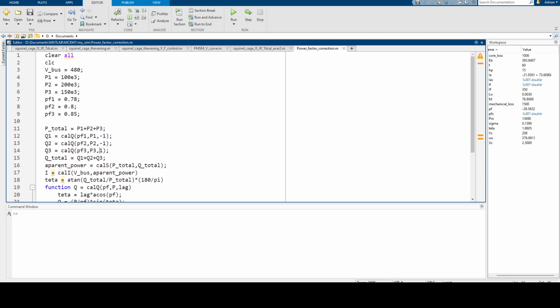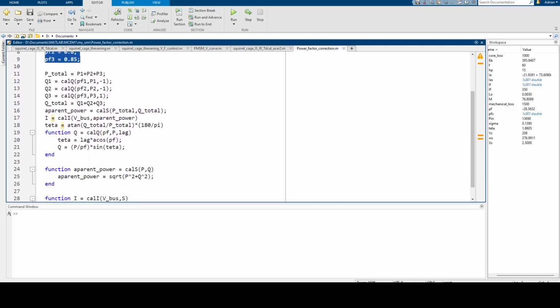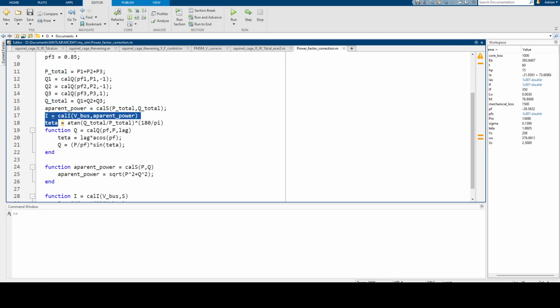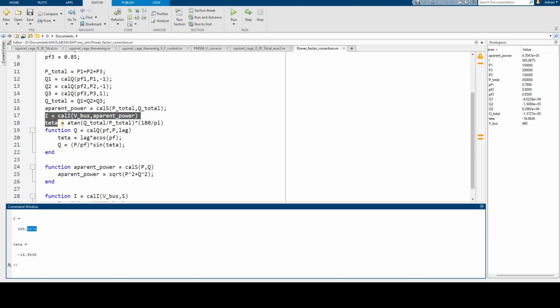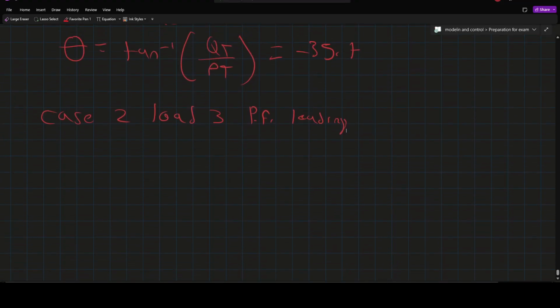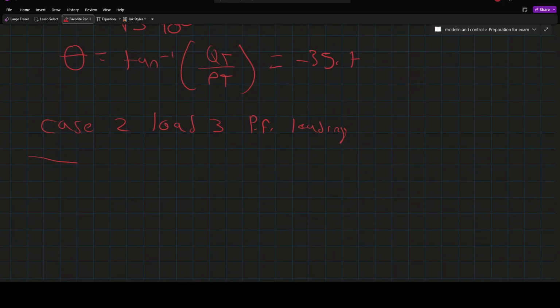It's the same. We get our bus and our powers. We calculate our total real power, total Q, and we figure our current angle and magnitude. And we get a magnitude of 565.